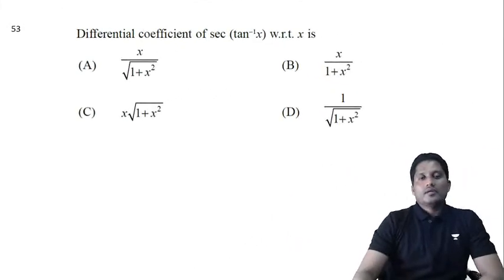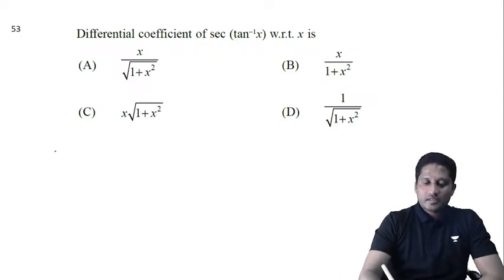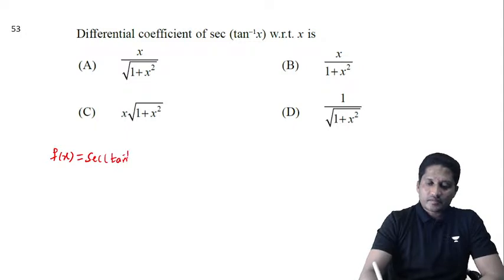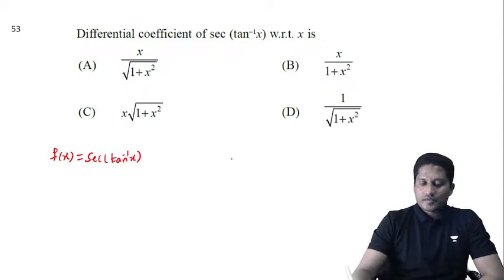Okay, question number 53. Differential coefficient of sec of tan inverse of x with respect to x. That is, if I differentiate this, f of x is equal to sec of tan inverse of x. Okay, tan is opposite by base, right?